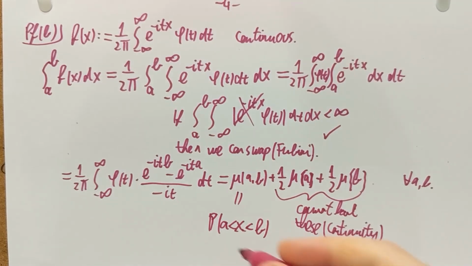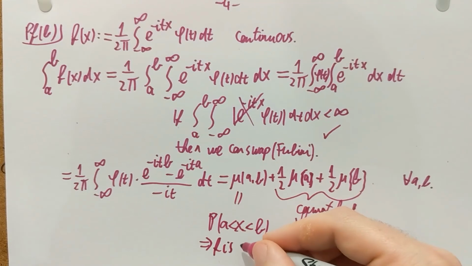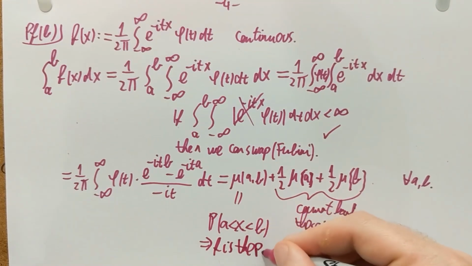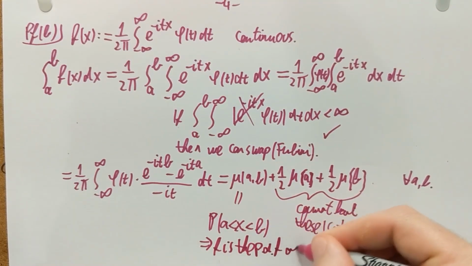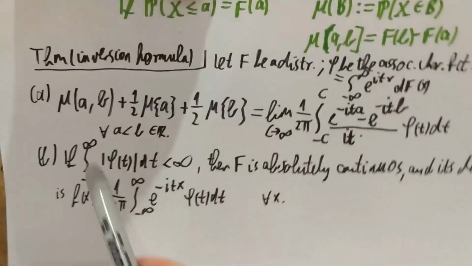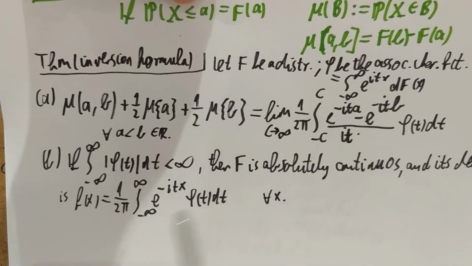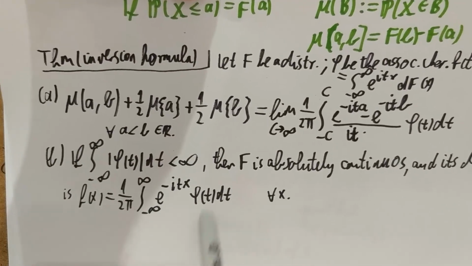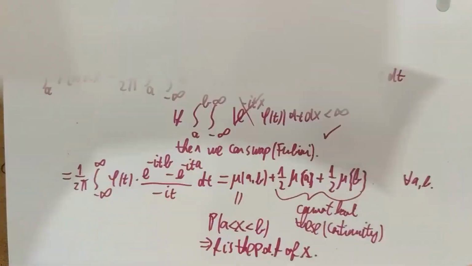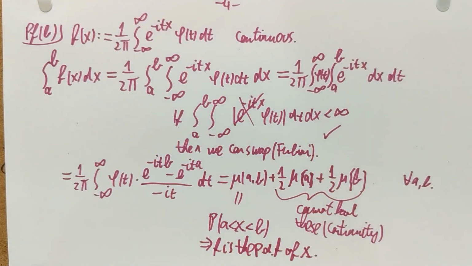So at this moment I can conclude that f is the probability density function, the PDF, of the random variable X, and that's exactly what the second part of the theorem said: if we have this condition, then X is absolutely continuous, and this quantity here is the density. So the quantity I started with is the density. That's what I wanted to prove.